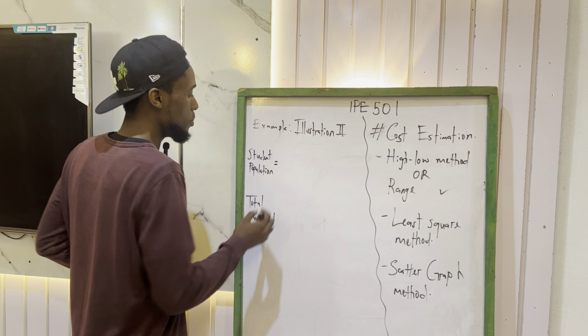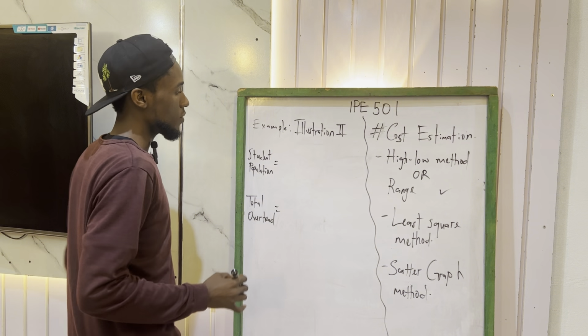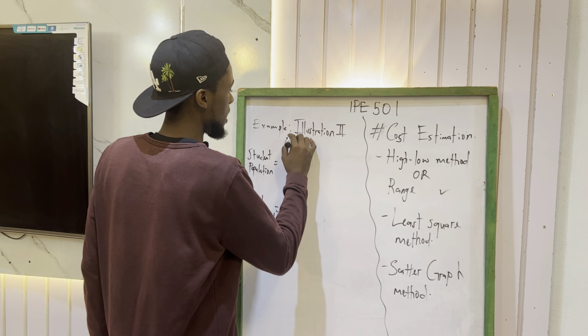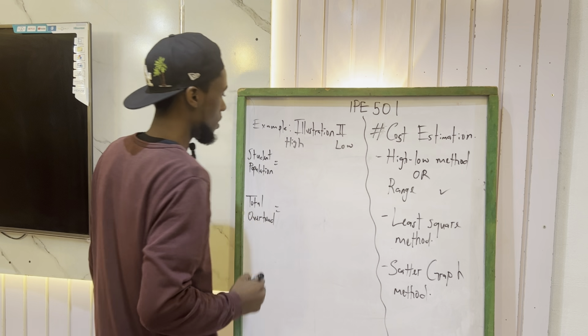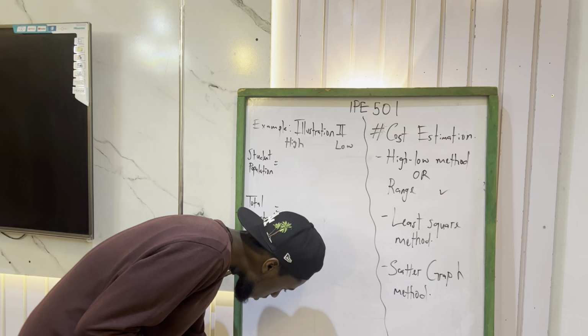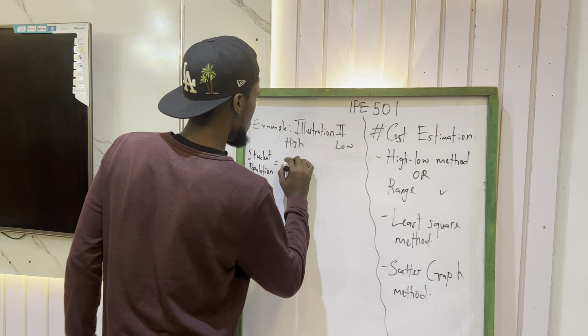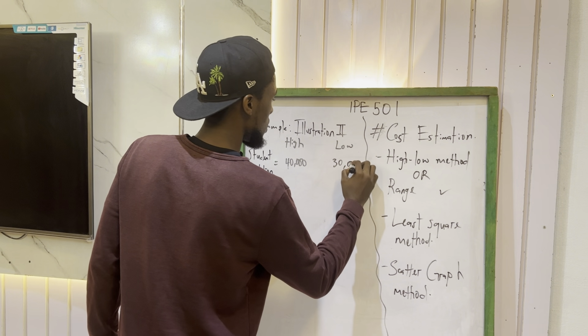So for the student population, all this information is in illustration 2. We have the high and we have the low. For the high, we have our student population to be 40,000 and the low to be 30,000.